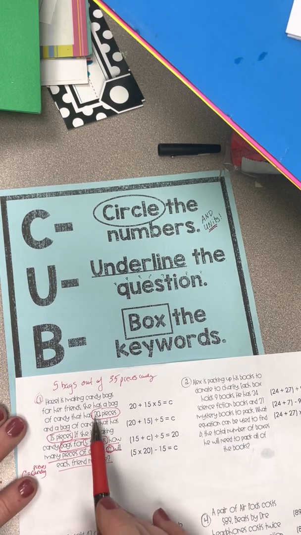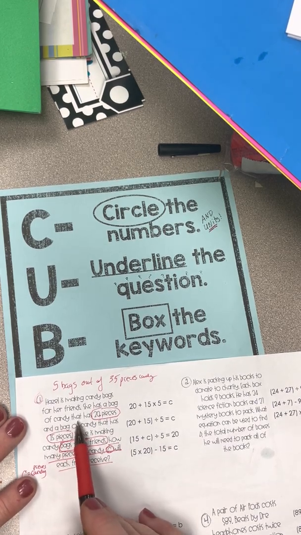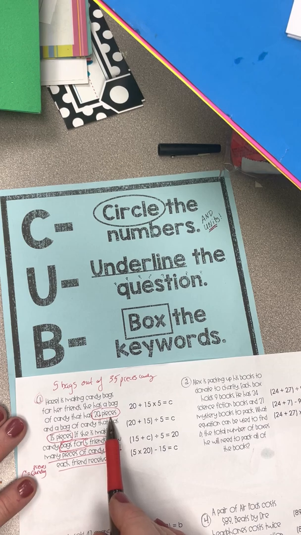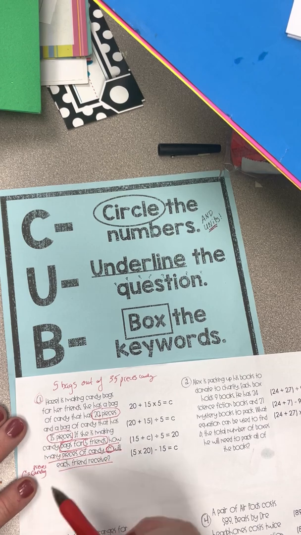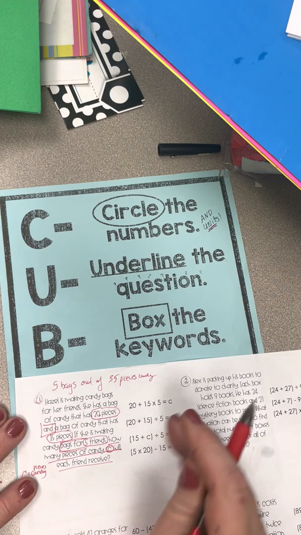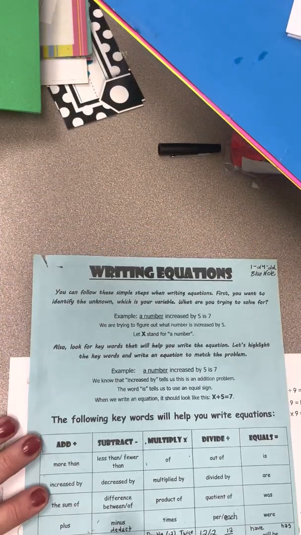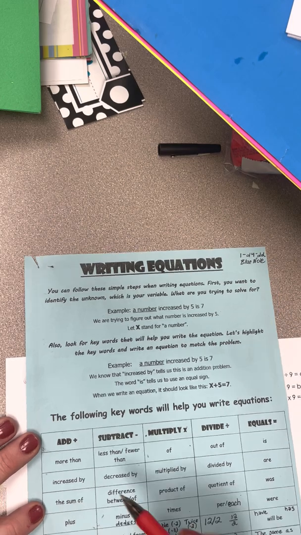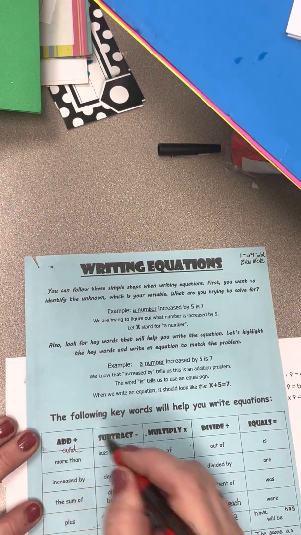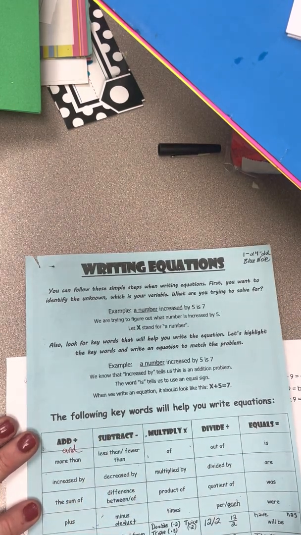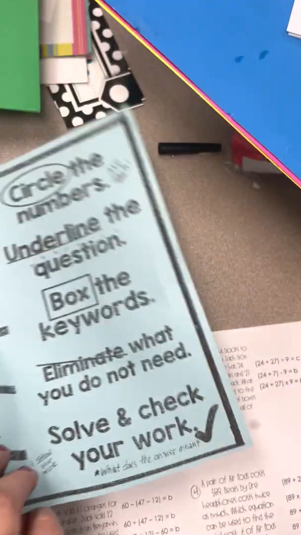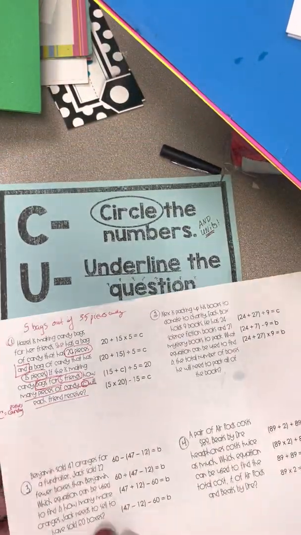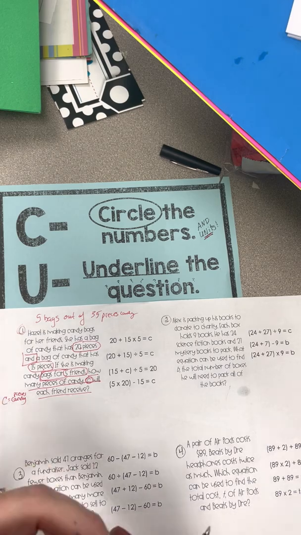So let me read again. She has a bag of candy that has 20 pieces, and, there's a keyword. Well, shucks, it's not under there, but "and" should be under add. And tells us if I've got 2 things, I'm going to put them together.